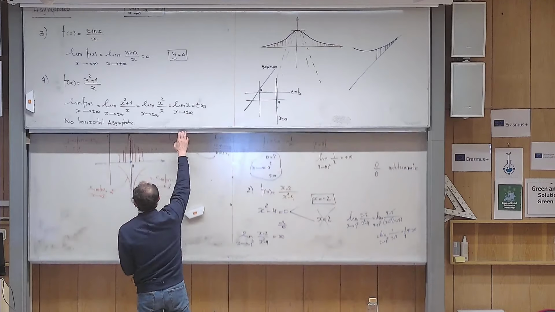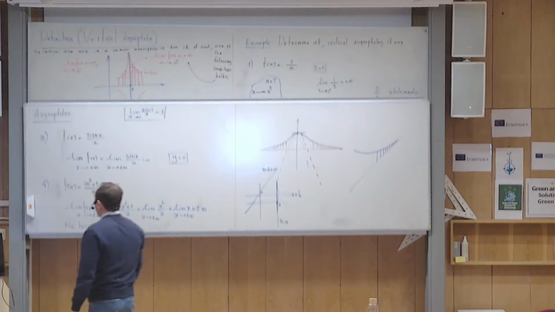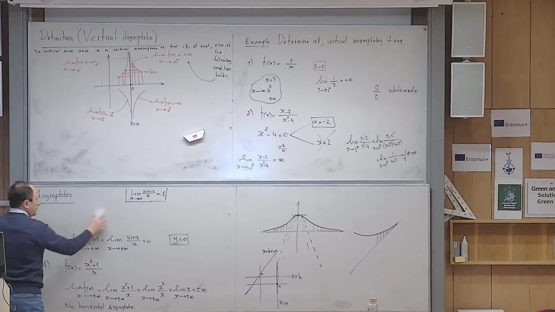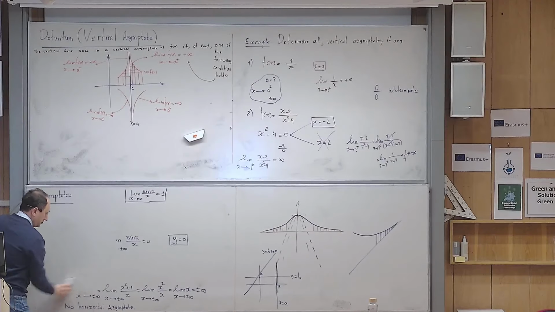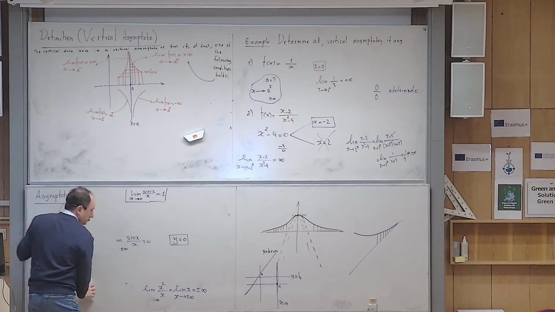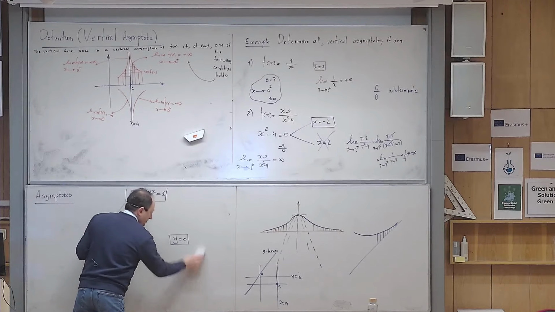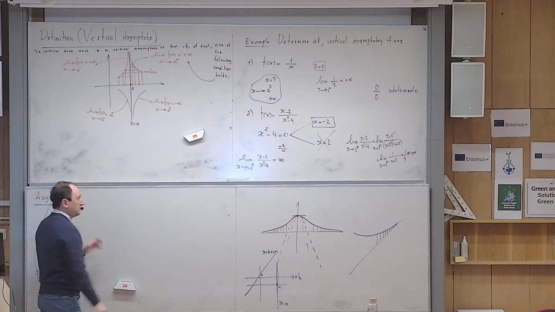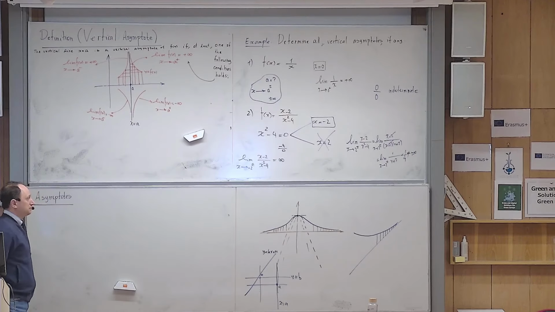Another question is, can you imagine a function with infinitely many vertical asymptotes? You might remember a function from one chapter with those properties. So I have 2 questions for you. Let us ask the second one first. Can you imagine a function with infinitely many vertical asymptotes?